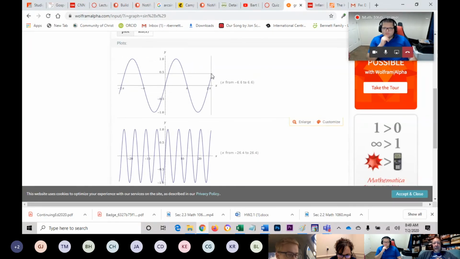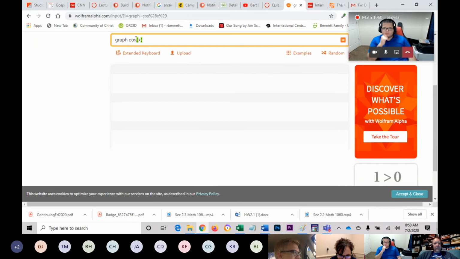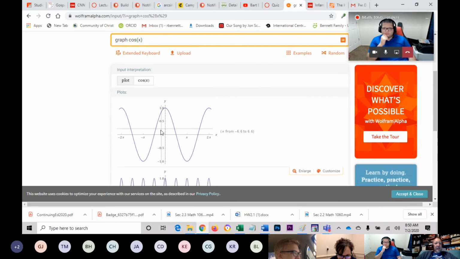That's what Texas was illustrating with his explanation, and that's where we get this sine wave function. And it works the same way if we plot the cosine function. I just think it's a little bit easier to see this.